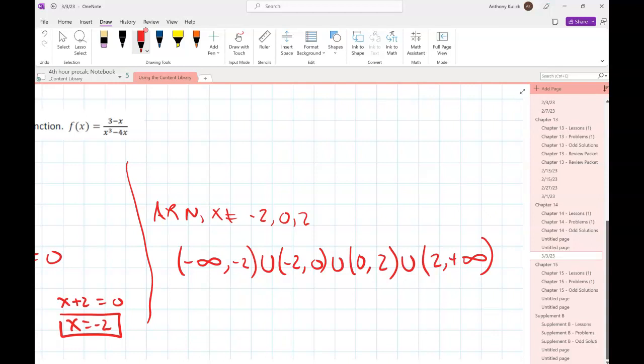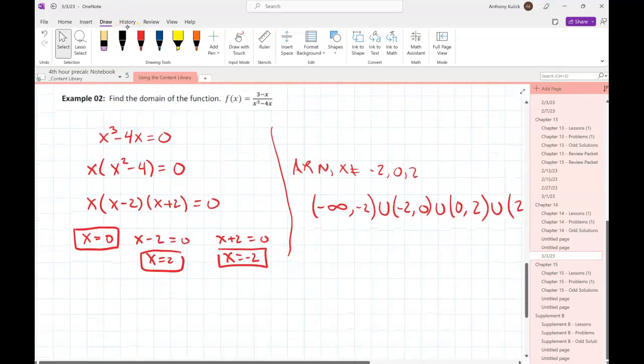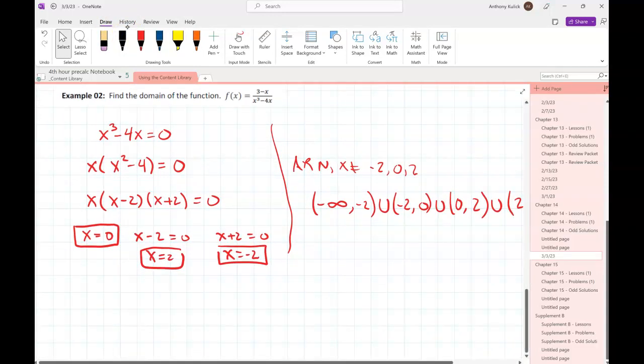What do we think so far? This is not too bad, right? We're just doing polynomial things and piecing it together to make a domain. The way you piece it together is really easy: negative infinity to the first hole to the second hole to the third hole, to the end. So that's good, right? We're not going to worry about ranges for this topic, at least not right now.